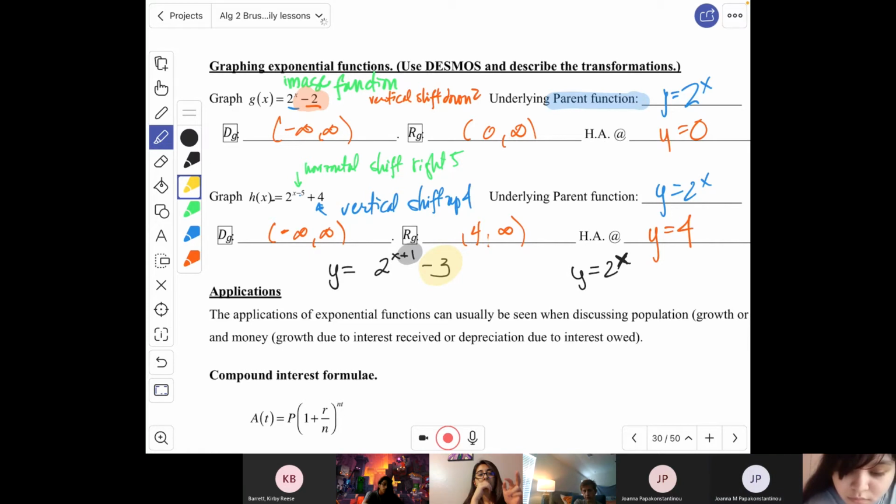Nope. Or 3 down. 3 down. So if we impact the X, it's horizontal. If we impact the Y, it's vertical shift. Again, our domain doesn't change, but since we've shifted down, our range changes. Our range is now -3 to infinity, and our horizontal asymptote is y equals -3.